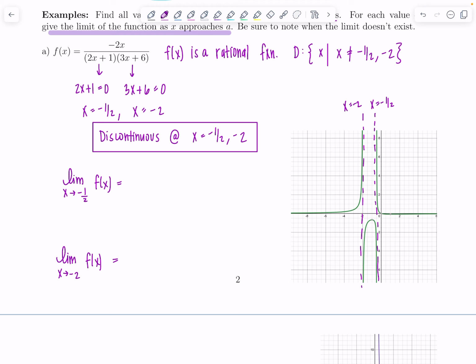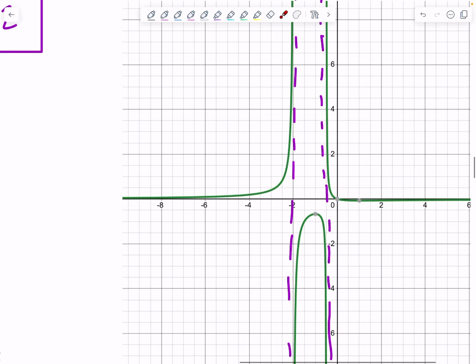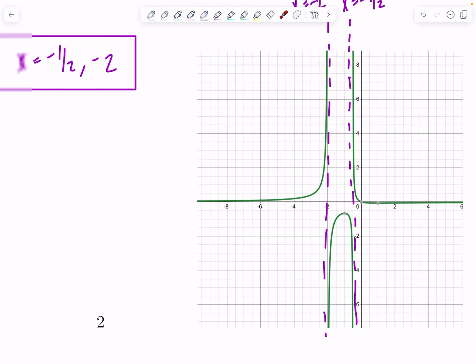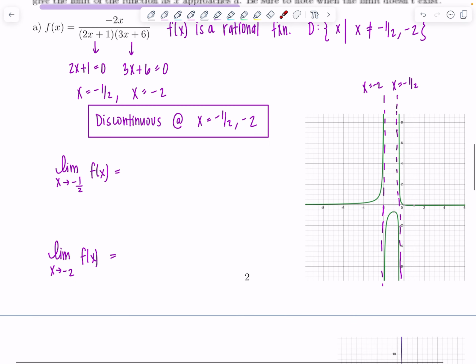Let's talk about negative 1/2. Let's zoom in. This is x equals negative 1/2. If we're approaching from the left, the function's going to negative infinity. If we're approaching from the right, the function's going to positive infinity. So what would we say the limit is as x approaches negative 1/2? It doesn't exist.